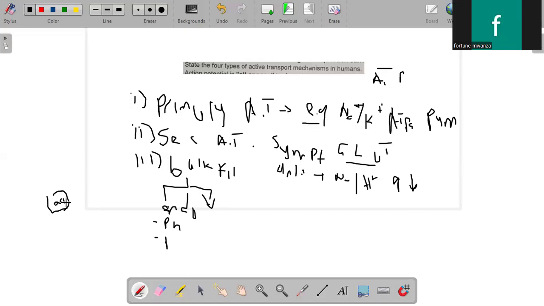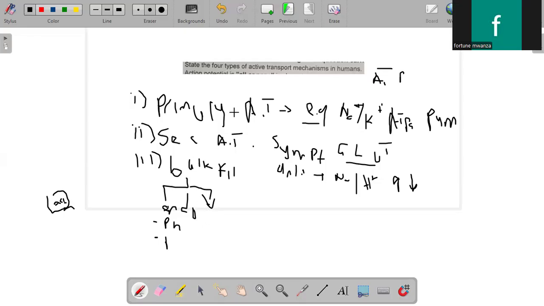These vesicles usually fuse with the membrane of the presynaptic terminal, then when it fuses, it releases things into the synaptic cleft. That's a good example of exocytosis, where things are released from inside the cell to the outside.